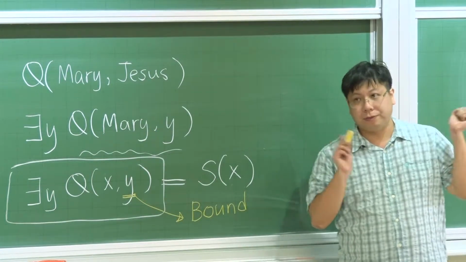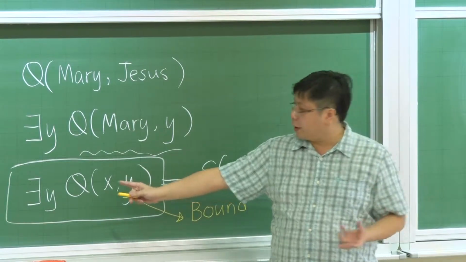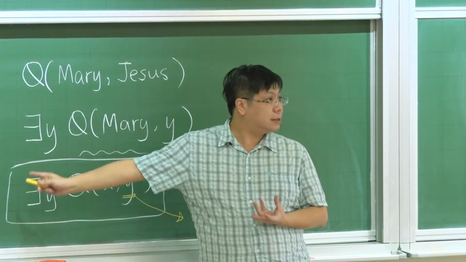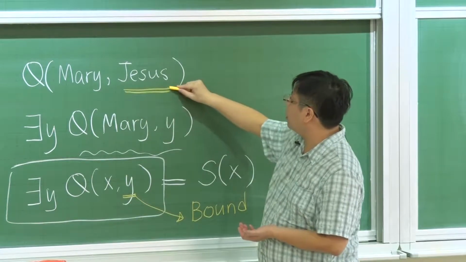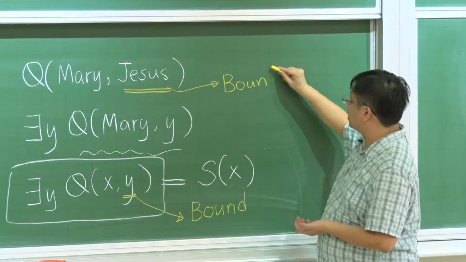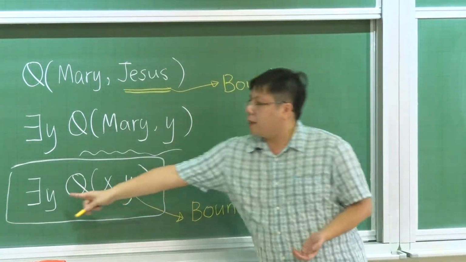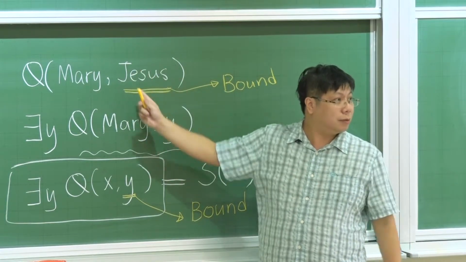It cannot move anymore. For this y, we look at all the possible y's. Similarly, for this one, this is also a bound case. The value of y is bound. This one looks at all the possible values of y. This one just looks at a single y, which is Jesus here.